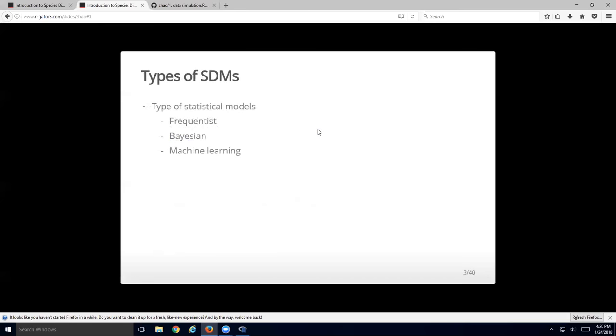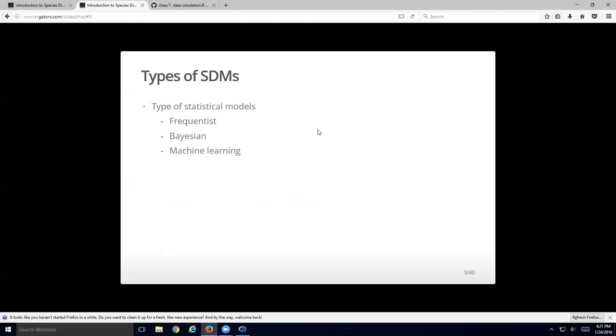So how many types of species distribution models are there? If we look at the statistical forms of species distribution models, basically any statistical model can be used to understand and predict species distributions.